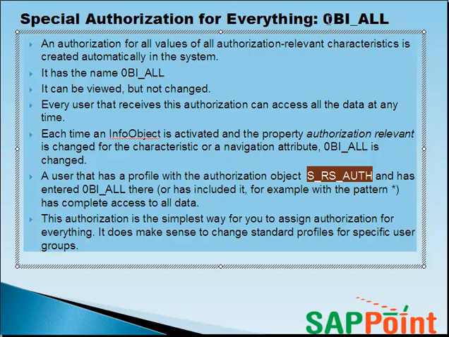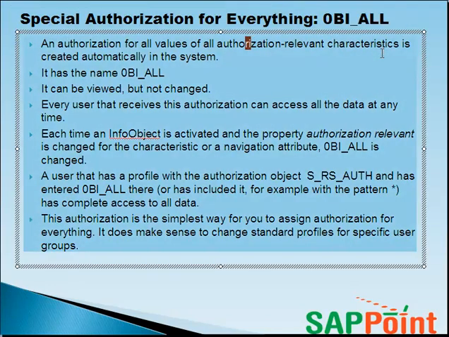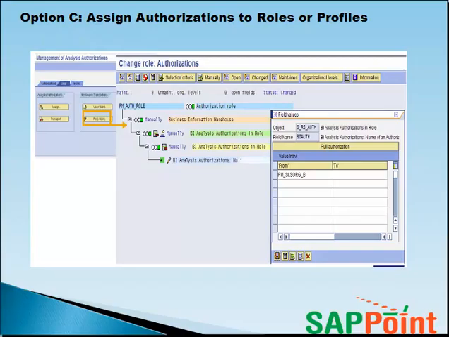We have a new analysis authorization called 0BI_ALL that gives access to all authorization relevant characteristics. We also know the different ways the analysis authorization can be assigned to users. The best option is to assign it through a role by including the object S_RS_AUTH in it.